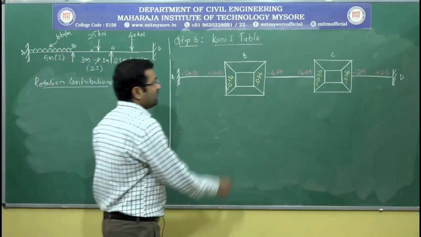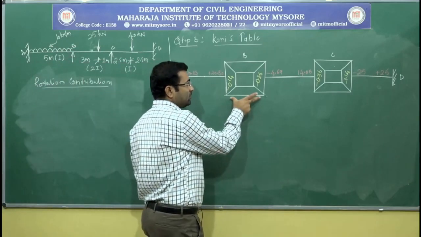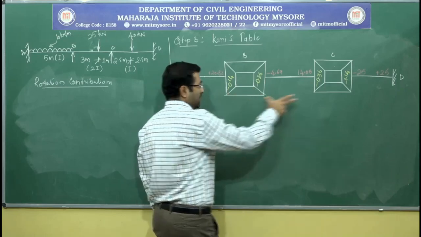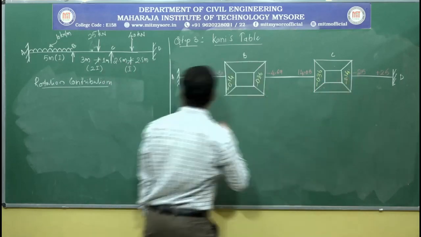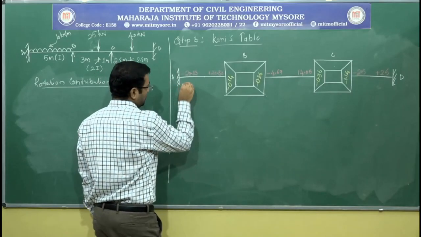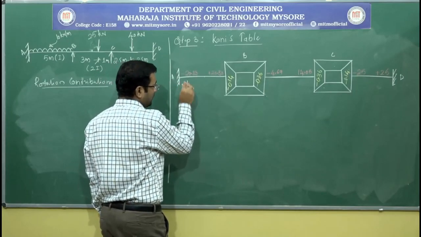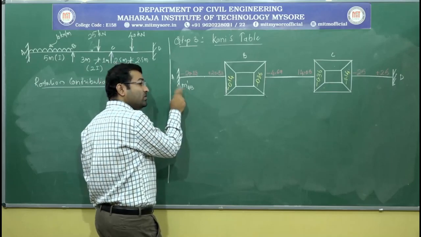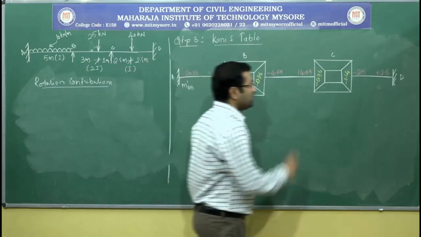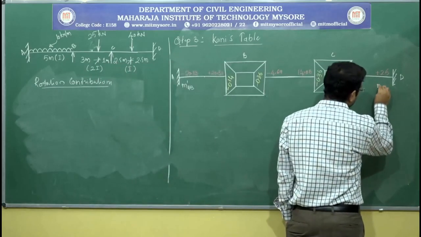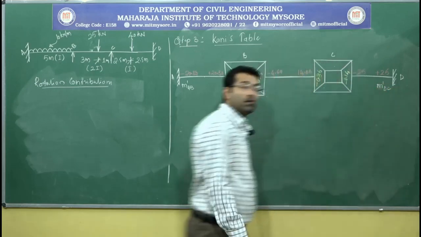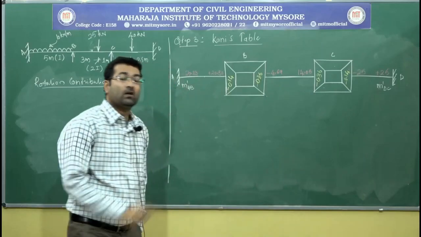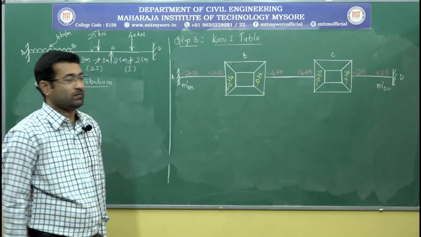So you see m dash AB, the rotation contribution at the end A, we are not calculating or worried about. Similarly, m dash DC, the rotation contribution at the end, we are not calculating that value also.